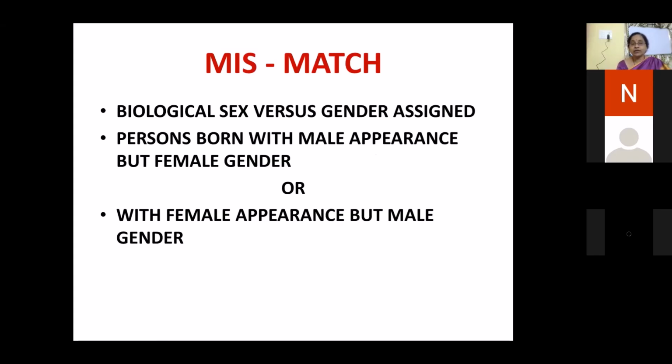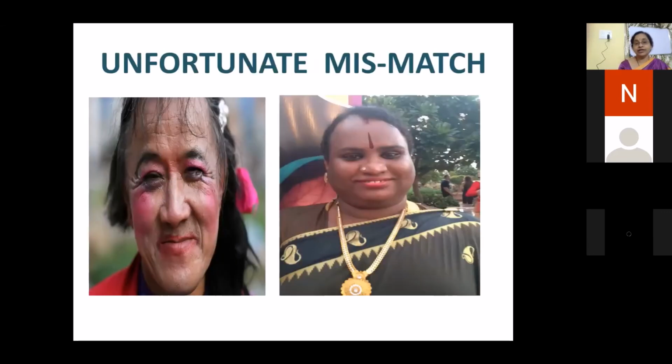So what is this biological sex and the gender? Persons born with male appearance but female gender, that means they think like females, or with female appearance but male gender. They are born like females but they think like male genders. So this is an example, student. This is an unfortunate mismatch because of the disturbance in the chromosomes and all.